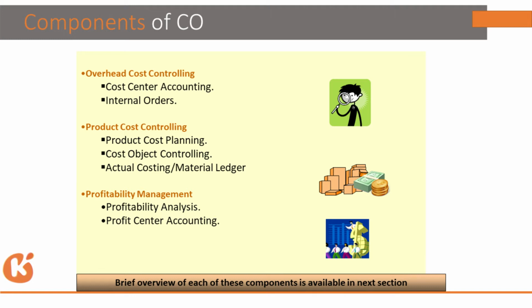And then product cost planning, we'll start with product cost planning and cost object controlling, then actual costing, material ledger. So here we'll spend most of our time. And different scenarios we will be covering in cost object controlling, like make to order scenario, make to stock scenario, then also repetitive manufacturing. So these are the three scenarios available in product costing. So all the three scenarios I will be covering.